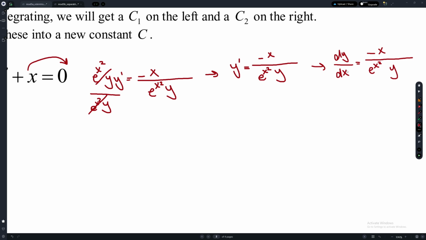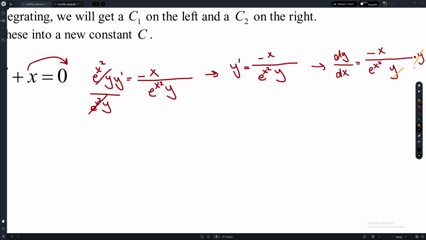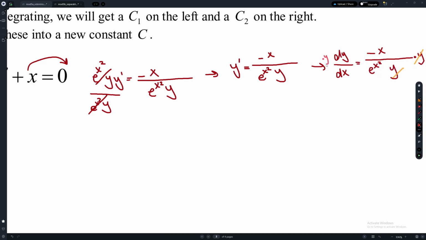It's just easier for us here to have y on the left, because if we multiply by y, these two cancel out. This cancels out with this, but then we also have to multiply by y on this side. So what we'll get is y dy over dx.